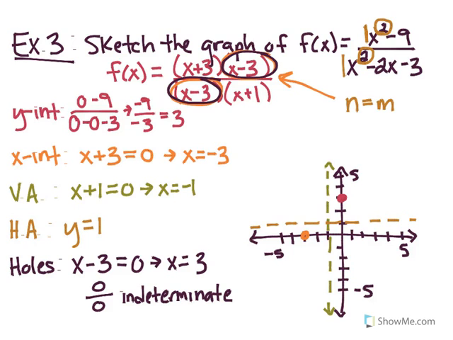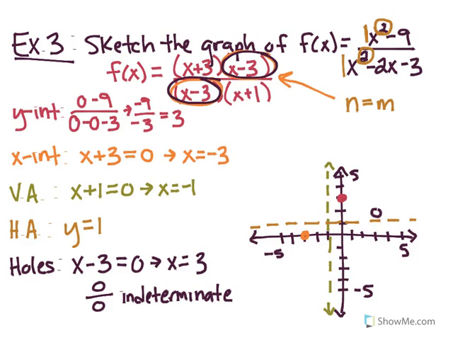This is like there's absolutely nothing happening. We can't determine anything. So wherever x is equal to 3, I'm going to just have an open circle there. And we're just going to kind of estimate where that might be. And since I know that my function is positive and it looks like my parent, I know that 3 comma something is going to happen somewhere up here. Okay, so I'm just going to have my open circle there.